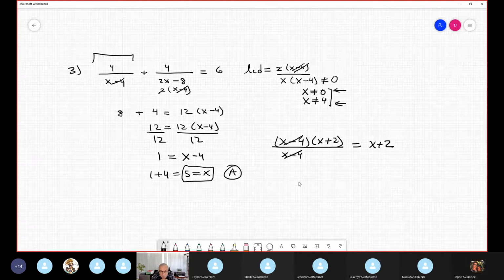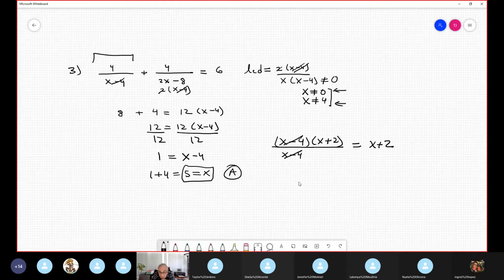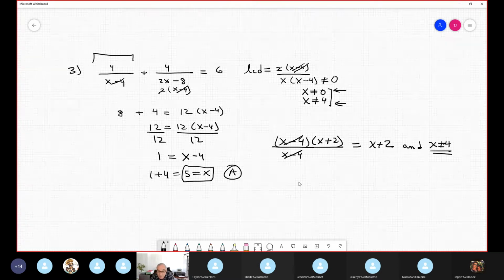I try to explain something to Nuela. Nuela, do you remember that when you have the same factor, you delete it, right? But this statement is not 100% true. It is under a consideration. Let me put "and" here, that x is not 4. That part is the restriction.